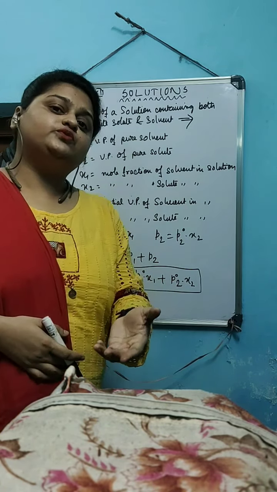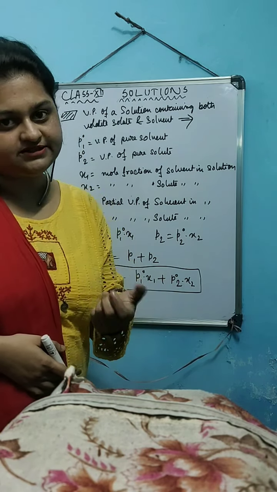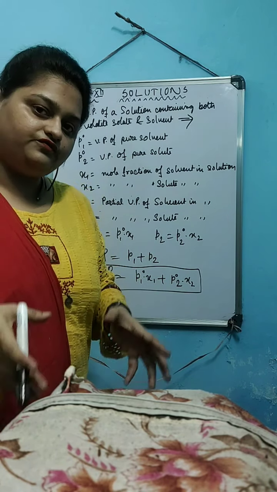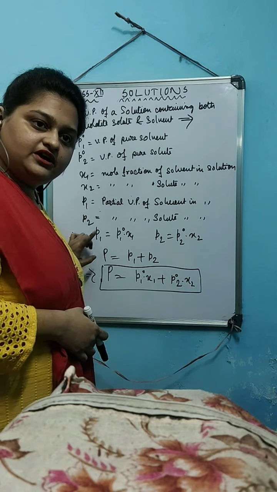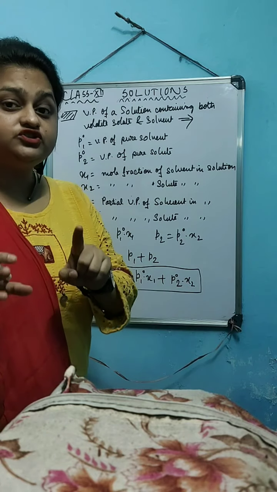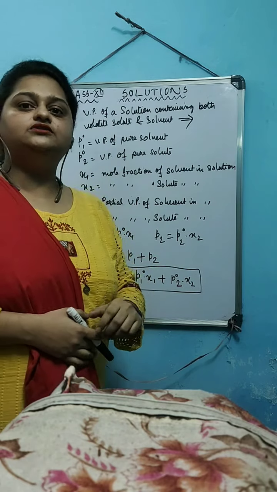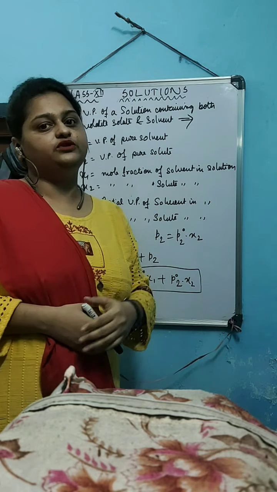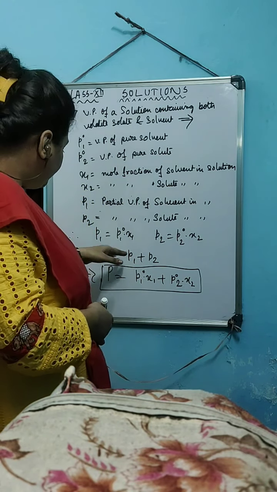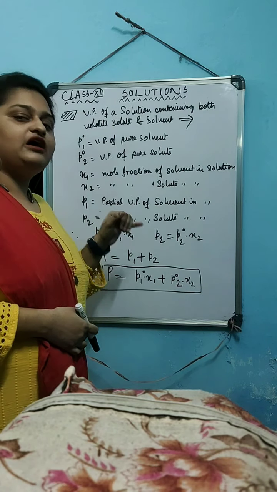Now substance 1 I have taken in a larger amount. So substance 1 in this solution is my solvent and substance 2 is my solute, but both of them are volatile in nature. So the vapor pressure that we are getting here is contributed by both the solvent and the solute, which was not the case in the last example. There we had taken a non-volatile solute, but in this example both the solute and the solvent are volatile. In this case, we can apply Raoult's law to each of them individually.